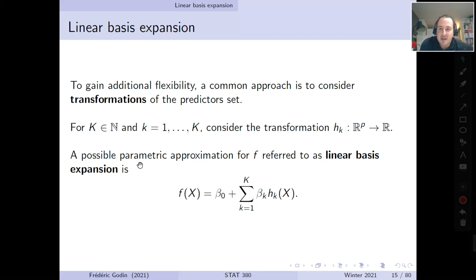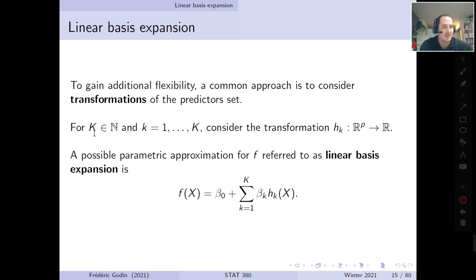Okay, so let's say we have capital K, which is a natural integer, and consider small k going from 1 to capital K. I apologize here, there are many k's: k-nearest neighbors, k-fold cross validation. So here, these small k and capital K are not related to the previous k's we've discussed.